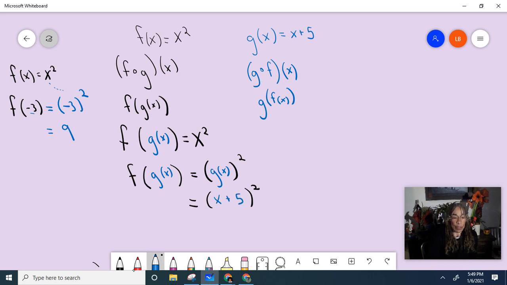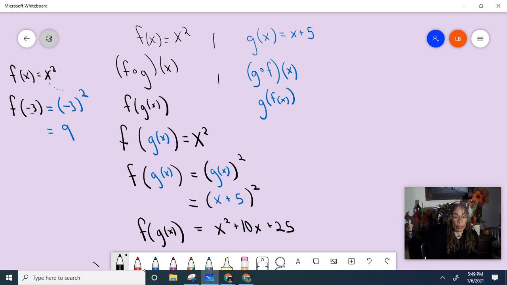So now I know that f of g of x equals x plus 5 squared is going to be x squared. I'm going to double the 5, plus 10x, and I'm going to square the 5, plus 25. And that is f of g of x.